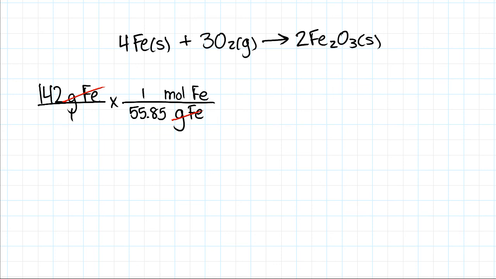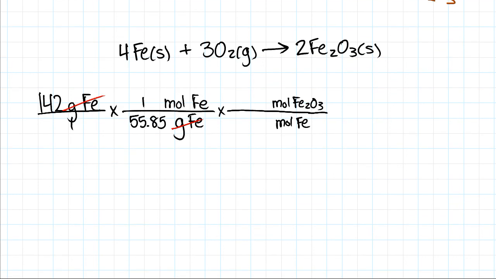That's according to the periodic table. I have moles of iron, and at this point, to get out of moles of iron, I need to get over to moles of iron 3 oxide.